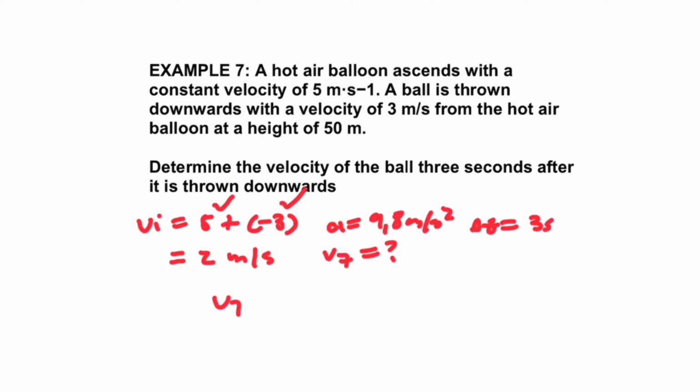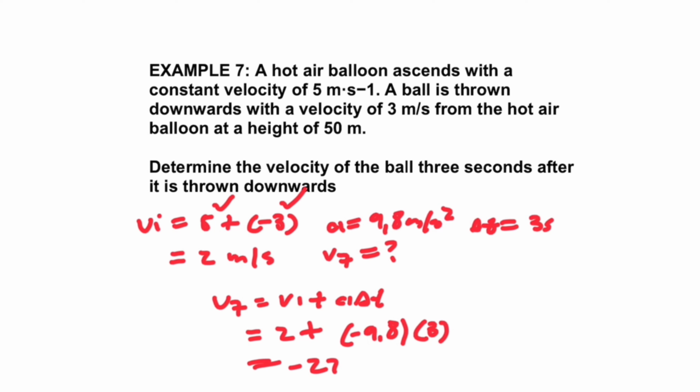We have Vf being equal to Vi plus a delta t. Vf will be equal to, what is Vi? The initial velocity is 2 meters per second plus the acceleration, which will be minus 9.8 if we are taking up as positive. The time, the scalar, always positive, so we multiply that by 3.